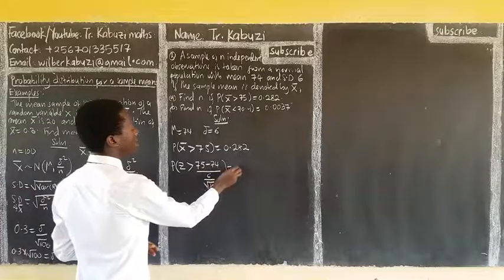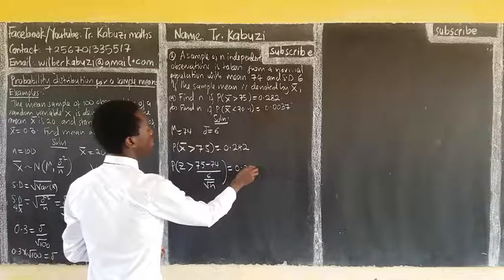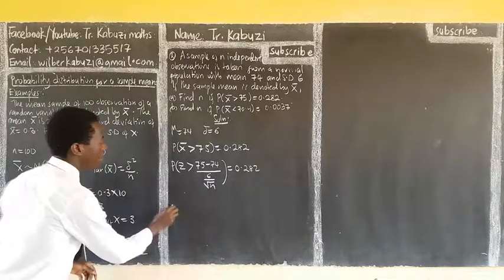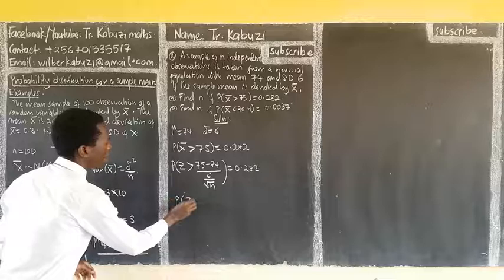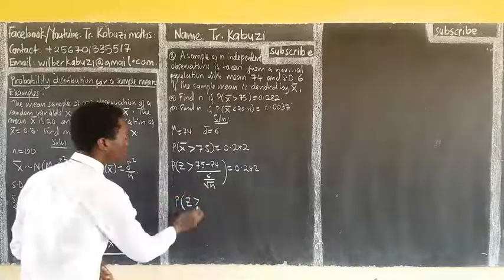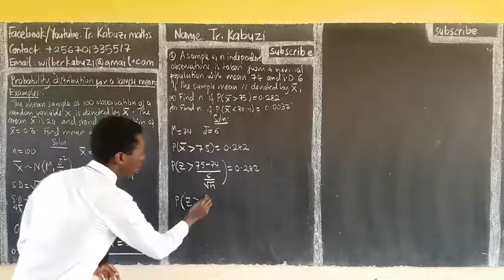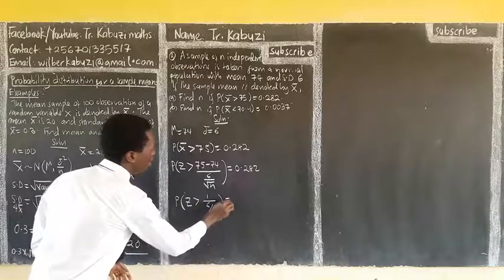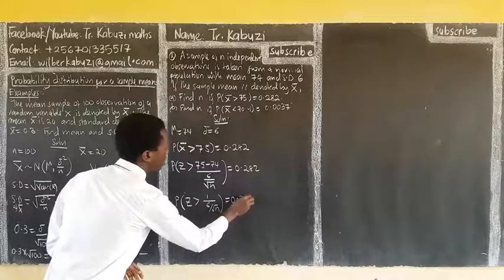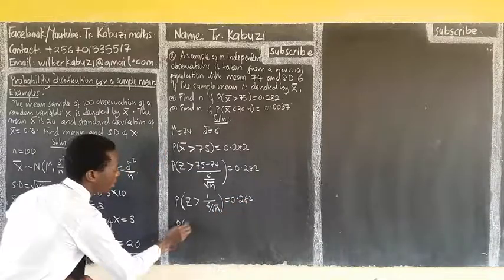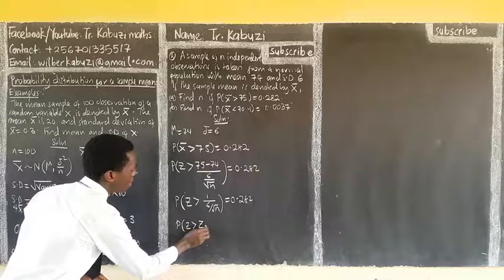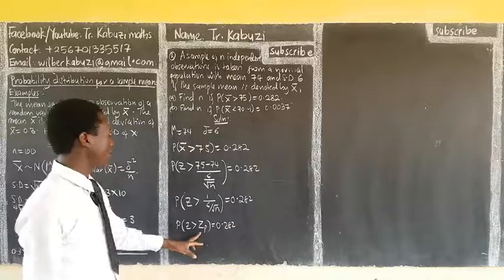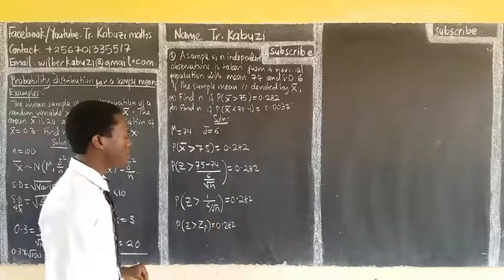That is equal to 0.282. So this will be the probability of Z greater than 1 over 6 over root n, equal to 0.282. Now if we treat this as the probability of Z greater than z, equal to 0.282, we need this value of z, which is going to equal the whole of that.